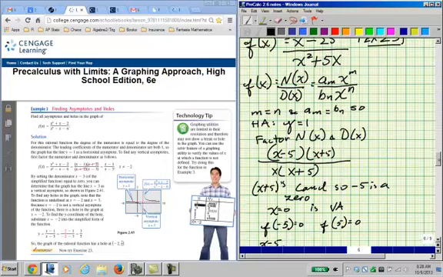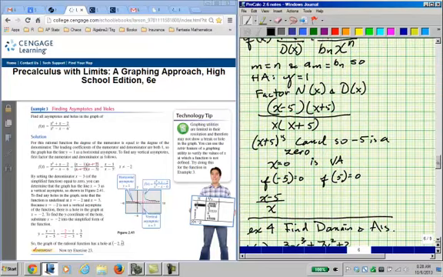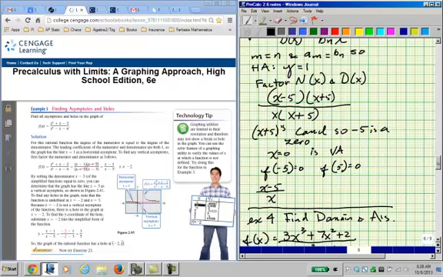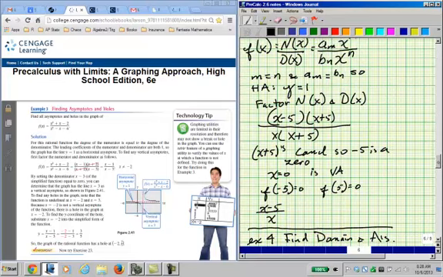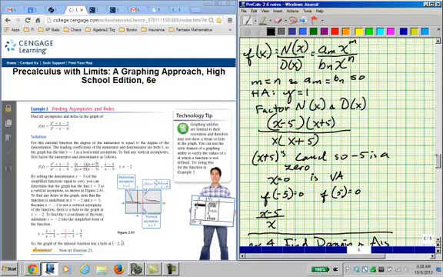The x plus 5's cancel, so negative 5 is a zero. Well, it's not a zero exactly. It's a hole. Okay, x equals 0 is a vertical asymptote. So f of negative 5 is a hole, and f of 5 equals 0.